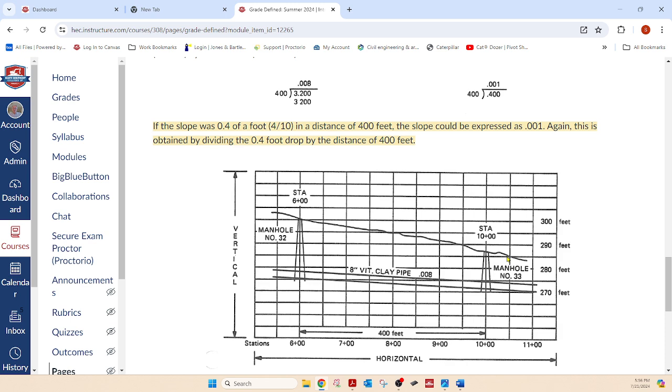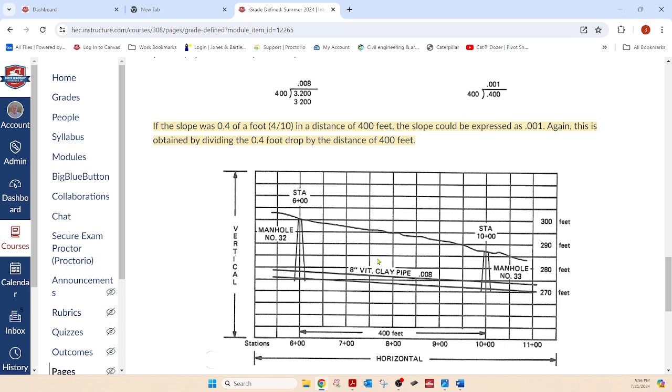Up here, they have it 0.4, which is way different than 0.04. 0.04 is 4 hundredths. So that's a pretty steep fall right there as compared to 0.8%. Percent wise, we're at 3.75%. So we're almost 4%, which is pretty steep.